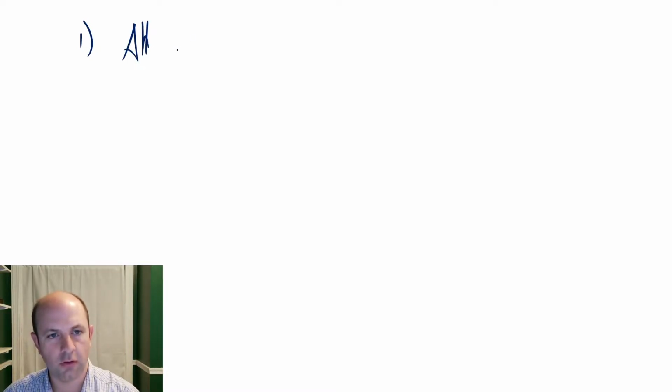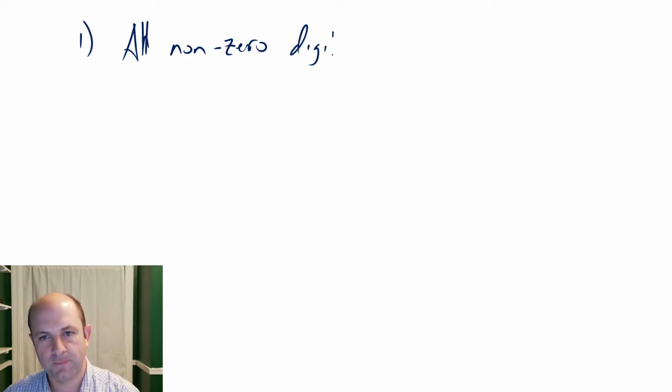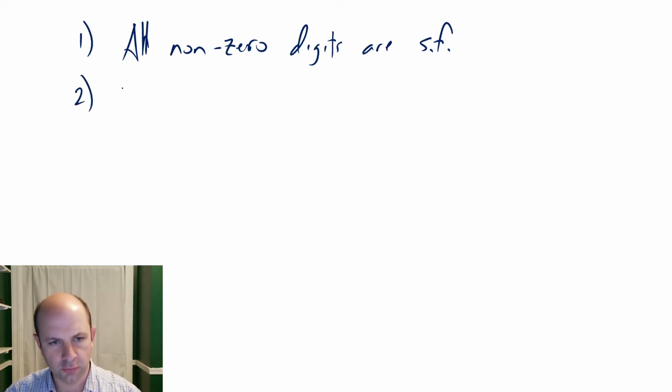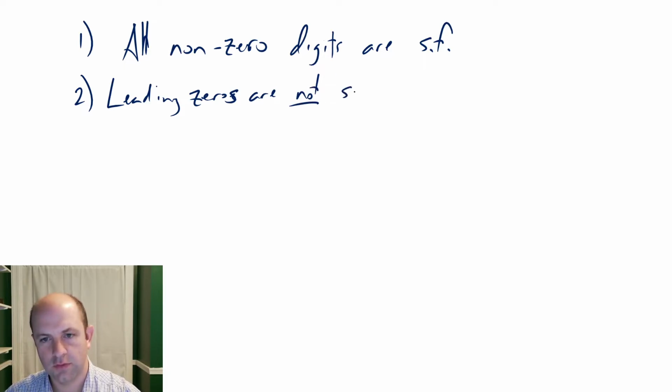Well, we'll just briefly go through the rules here. So all non-zero digits are significant figures, and the SF there is our abbreviation for sig figs. And so I'll put examples here on the right-hand side when I get the rules up. Number 2 is that leading zeros are not sig figs.